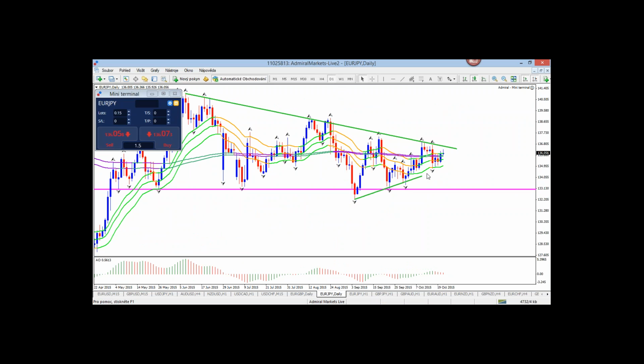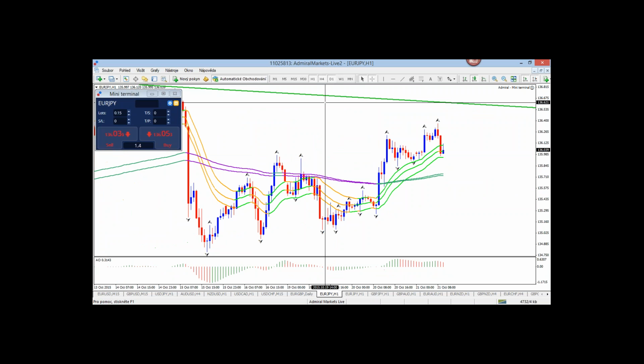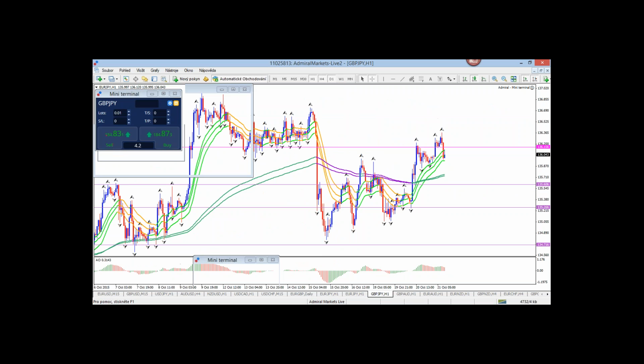Well, daily not very appealing, is it? With a triangle like this, still the same as yesterday. Nothing really changed that much. Made a bit of a bounce to the upside. Not that appealing to me.